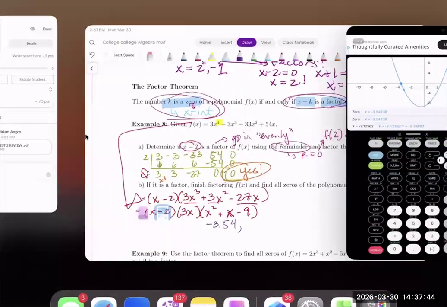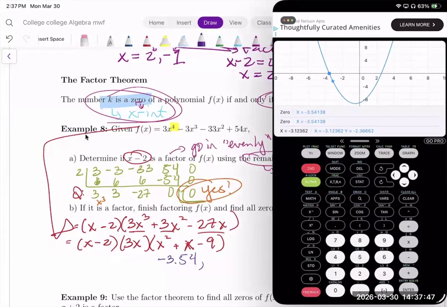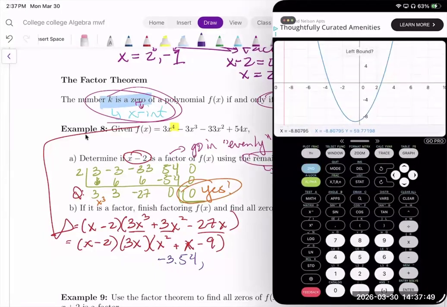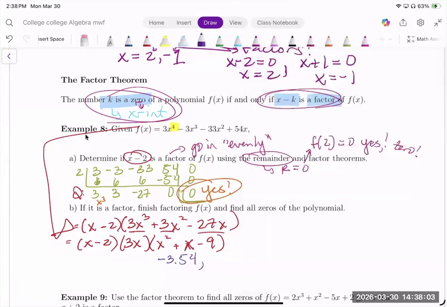Second calc, zero. I'm going to move this over here, press enter, move it over for the right bound, enter. So this zero is 2.54, just rounding. There we go.